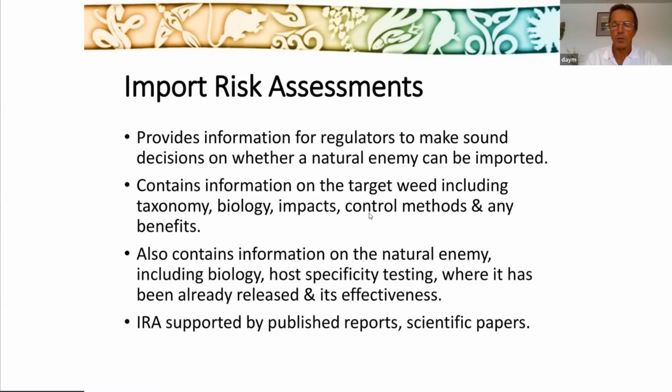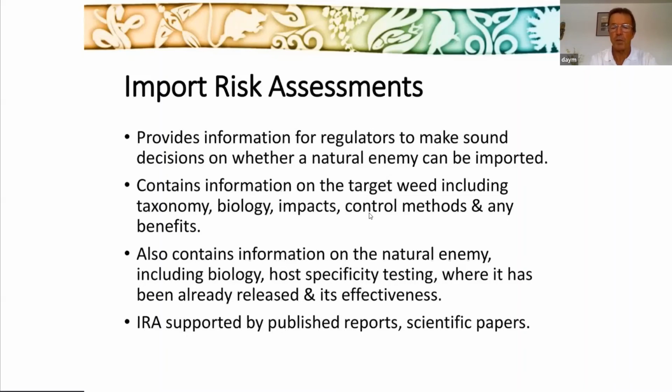also what we'd like to document in our import risk assessment is where the insect has already been released and its effectiveness. For many agents that we've introduced into the Pacific in the past, they've had a long history of being released in other countries. So the two beetles on water hyacinth have been released in over 35 countries globally, and the effectiveness is very high.